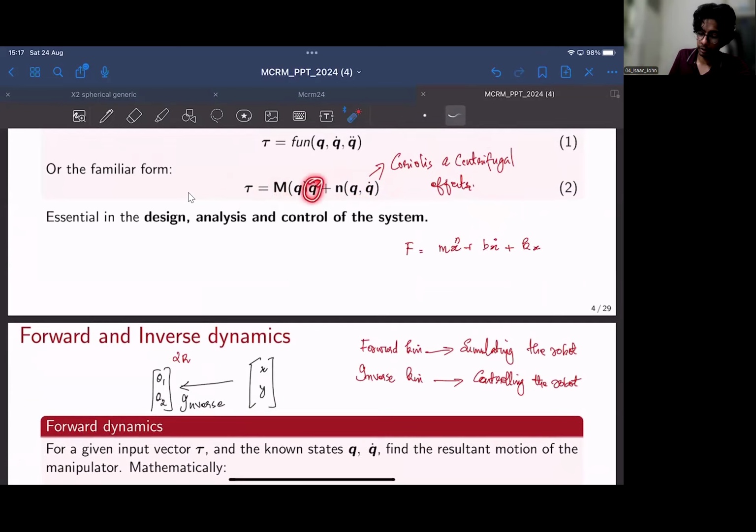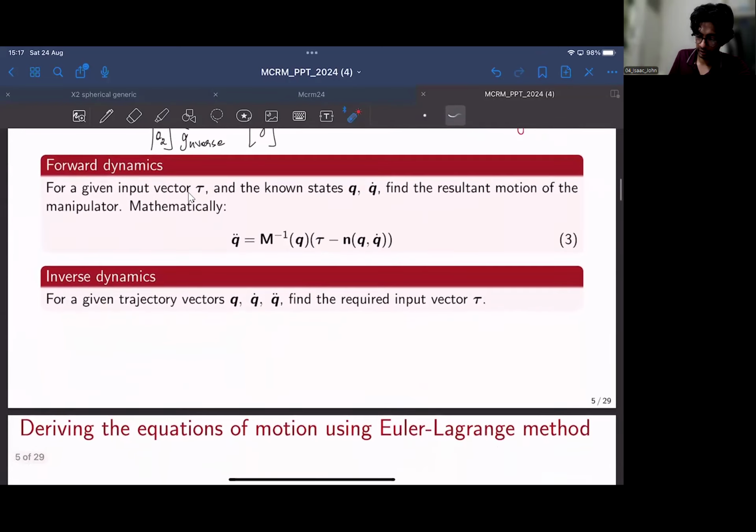This mass matrix you can estimate from the topology or configuration of the robot. So finding q double dot, using a simple manipulation of that earlier equation, you can find the acceleration q double dot. And then if you integrate this q double dot, you will get q dot. And if you integrate q dot again, you will get q, right?